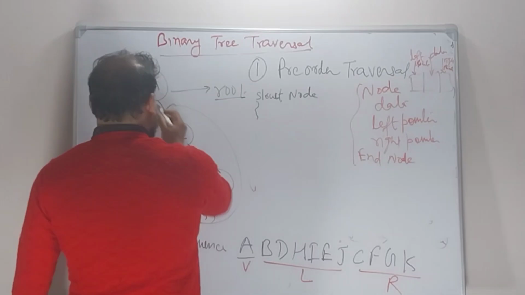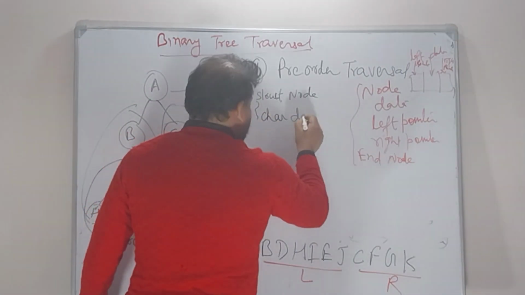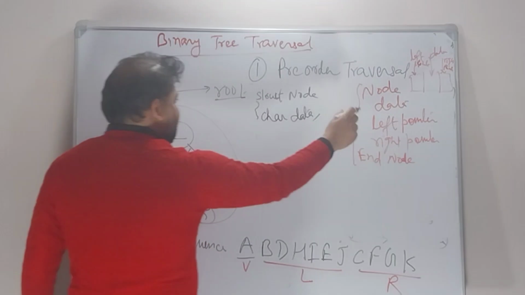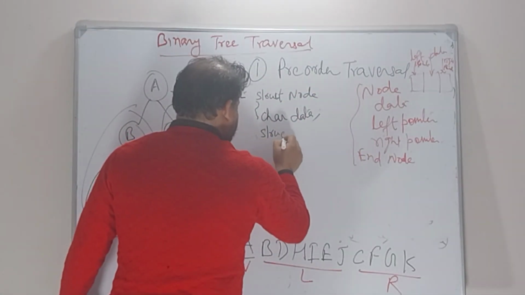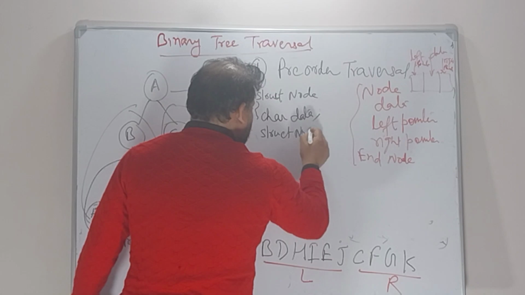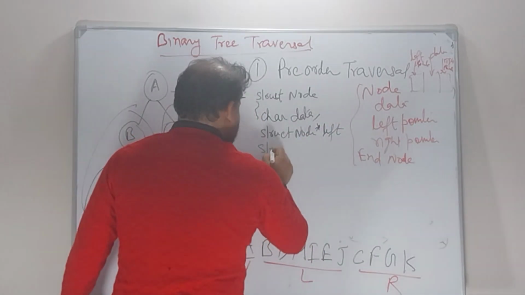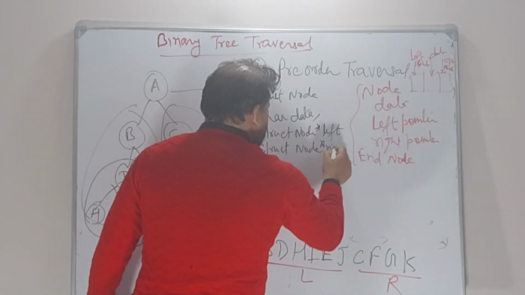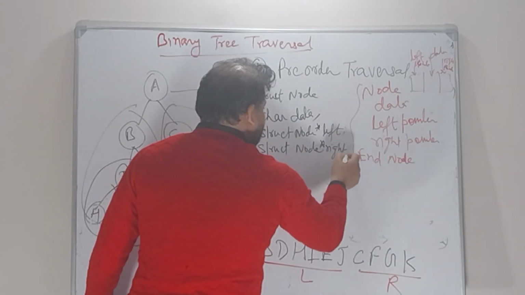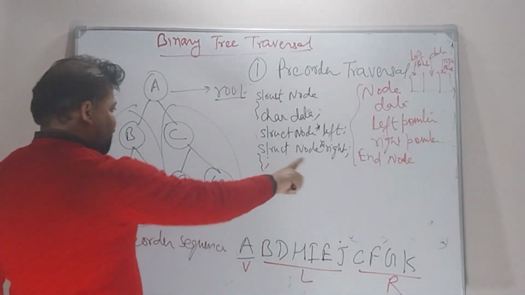What exactly is required? Data, which is of character type, so I'm taking char data, and these are pointers of this struct type: struct node star left and struct node star right. That is the overall structure code.